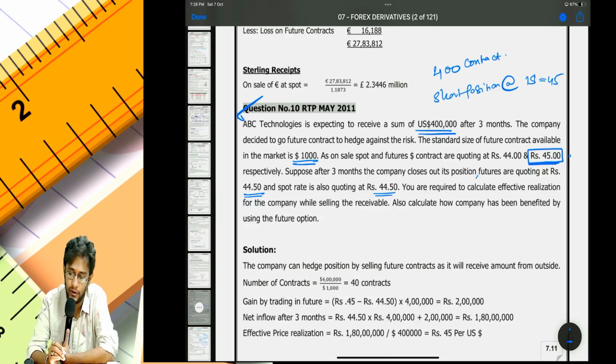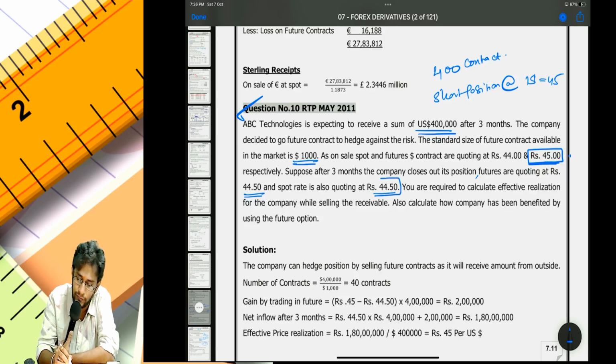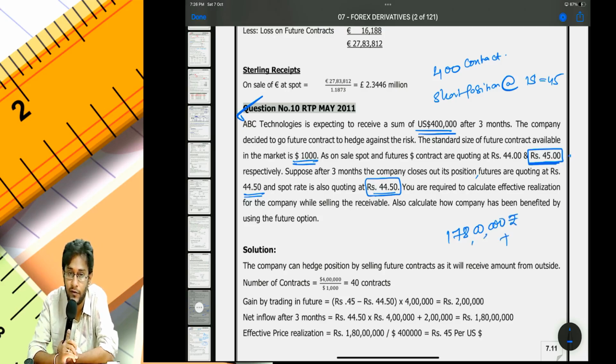Now what will happen? You have to settle the gain and the FC receivable separately. FC receivable will be how much? $4 lakh. You will sell in the open market at 44.5. Take your calculator and multiply 44.5 into $4 lakh. 178 lakh rupees you are getting, plus you will also get the futures contract gain.